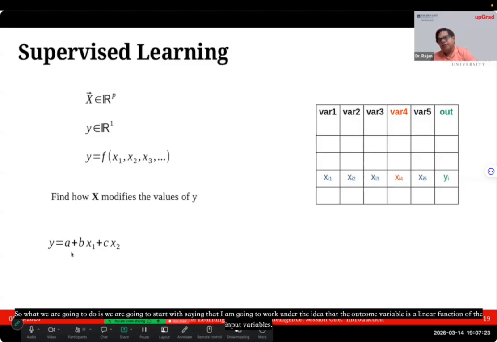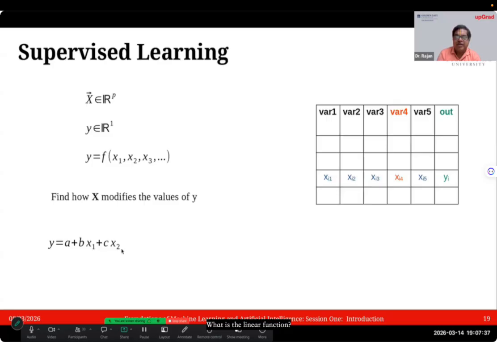So what we are going to do is start by saying that I am going to work under the idea that the outcome variable is a linear function of the input variables. What is a linear function? A linear function means every input variable is raised to the power of exactly 1. That's a linear model.